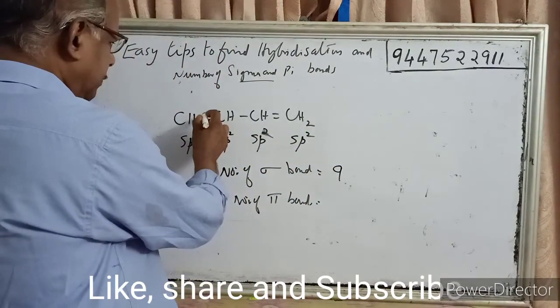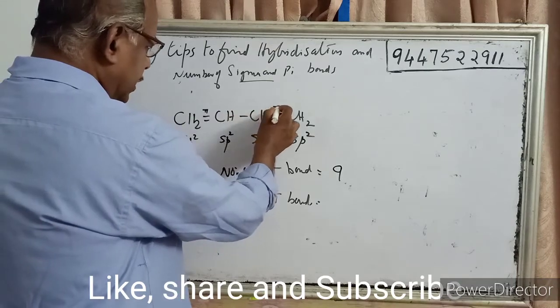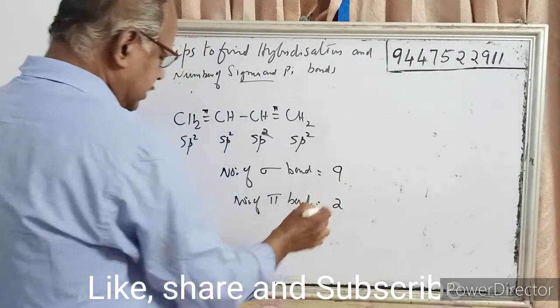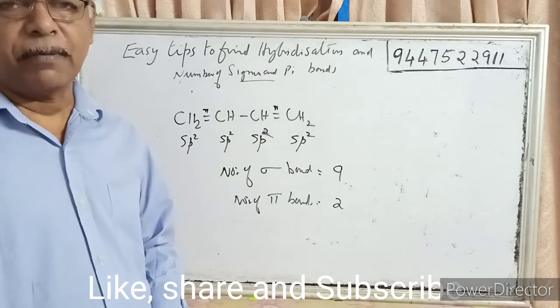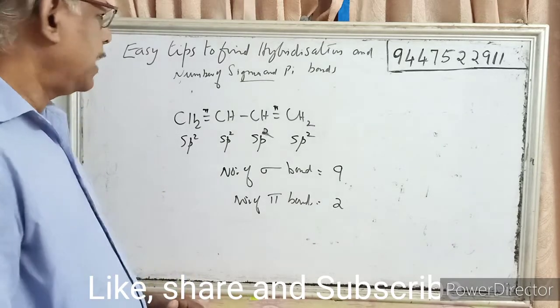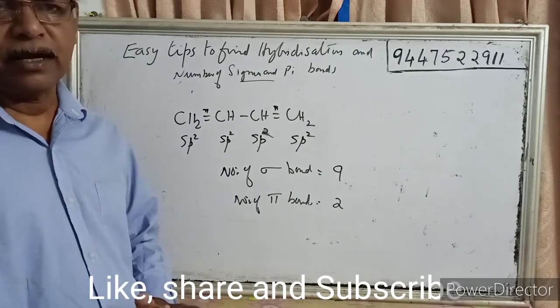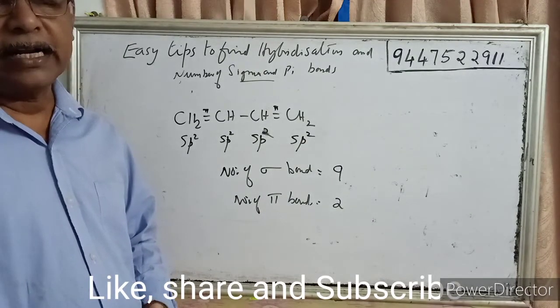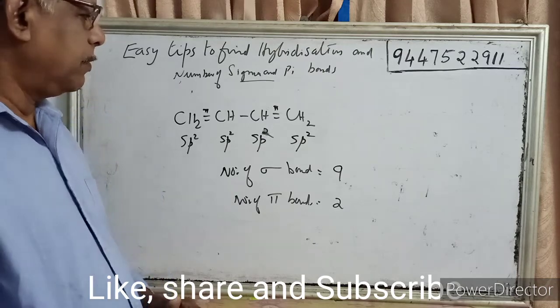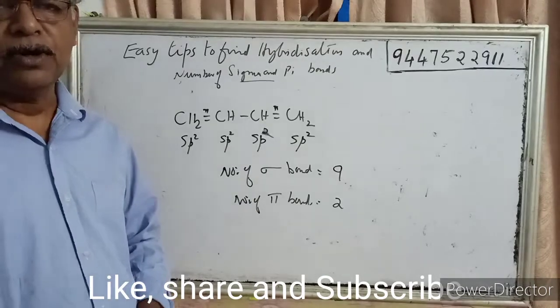Then pi bonds: 1 pi bond here and 1 pi bond here, so 2 pi bonds. That's the method to find the number of sigma bonds, pi bonds, and hybridization. A sigma bond is by coaxial overlapping, a single bond. A double bond contains a sigma bond and a pi bond, and a triple bond contains a sigma bond and 2 pi bonds.